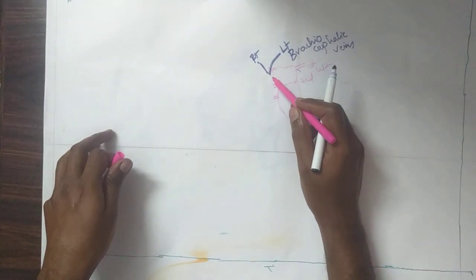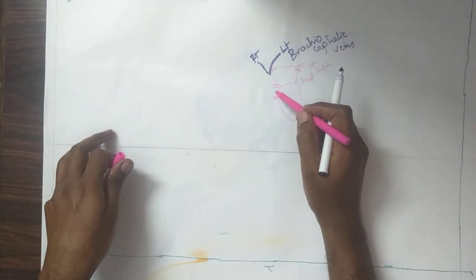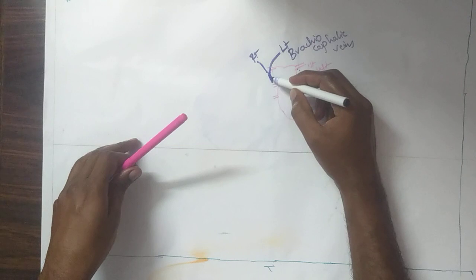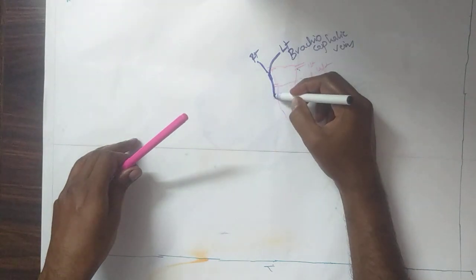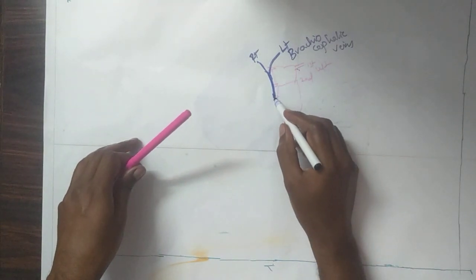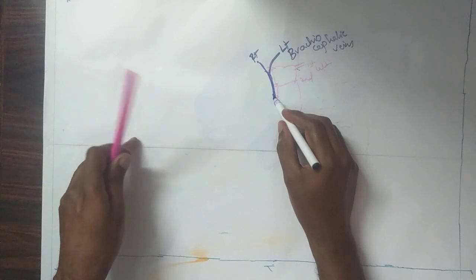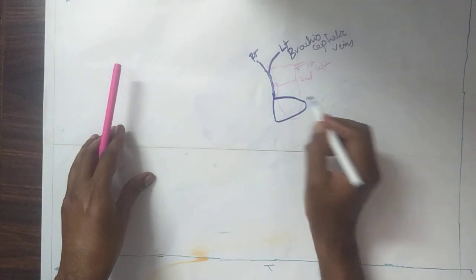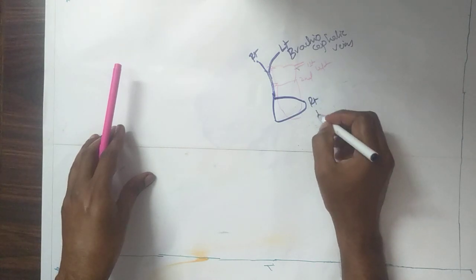So the space in between these two is the first intercostal space. This is the second intercostal space. So it goes along the right border of the sternum, related with the first intercostal space and second intercostal space. Near the lower border of the third costal cartilage, it's opening into the right atrium.